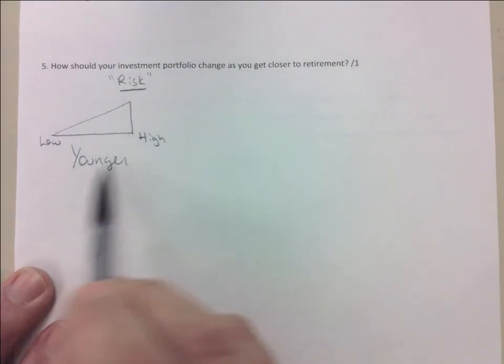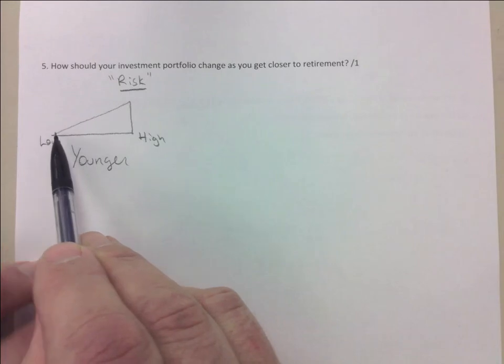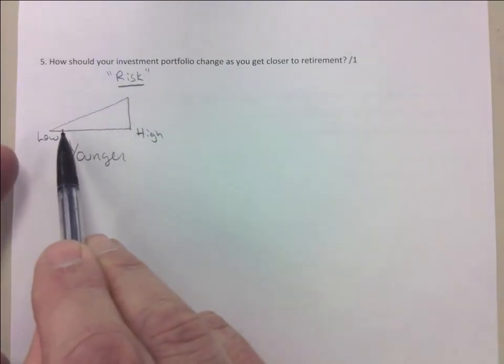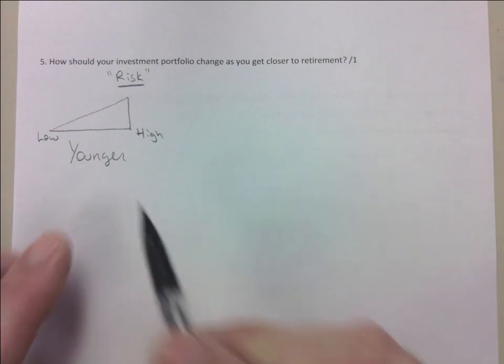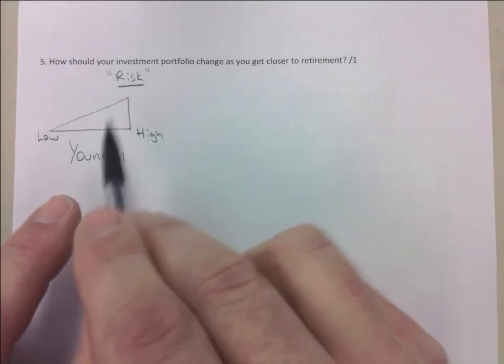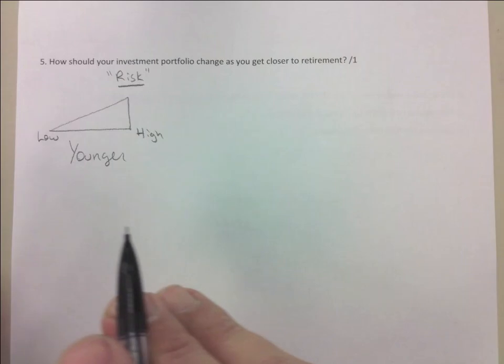When you're younger, if you think of this as your money, you can sway it a bit heavier on the high risk if you want. Is it always going to be a triangle? No, it's not always going to be a perfect triangle, but that's kind of what happens when you're younger. That's what you would want to do. Why is that? Because if you lose money, you have time to make up for it.